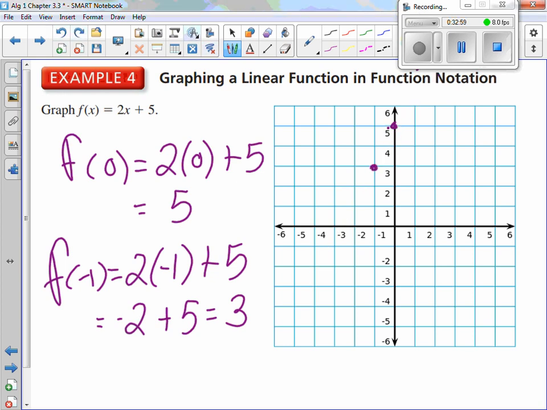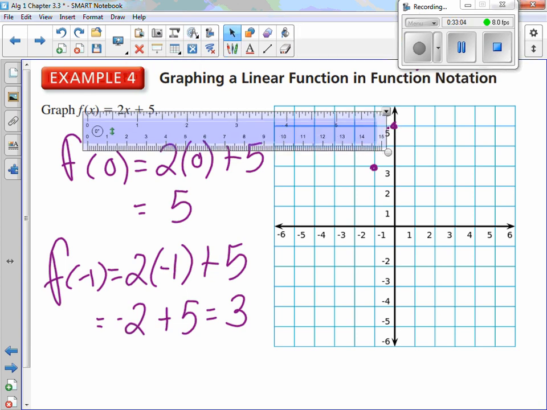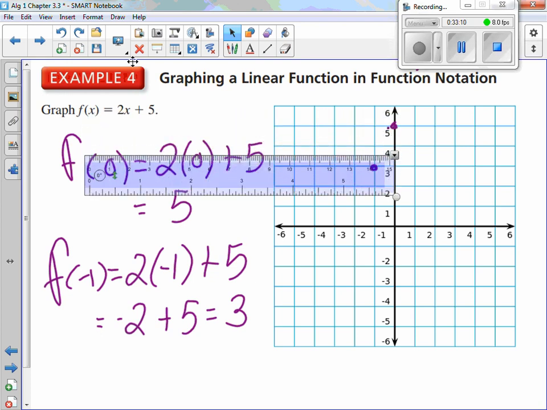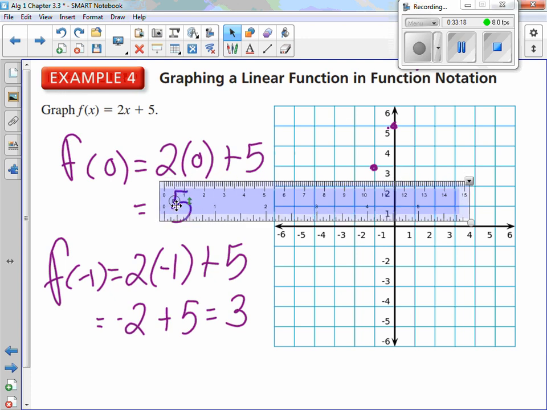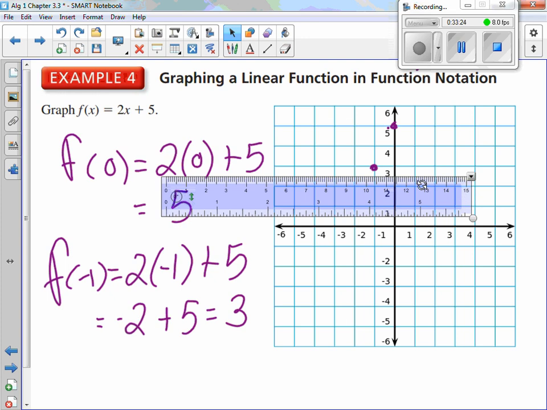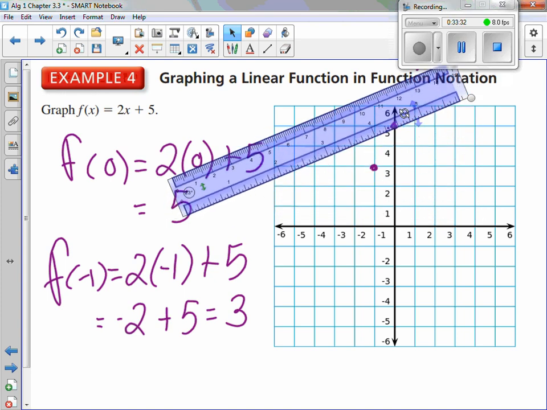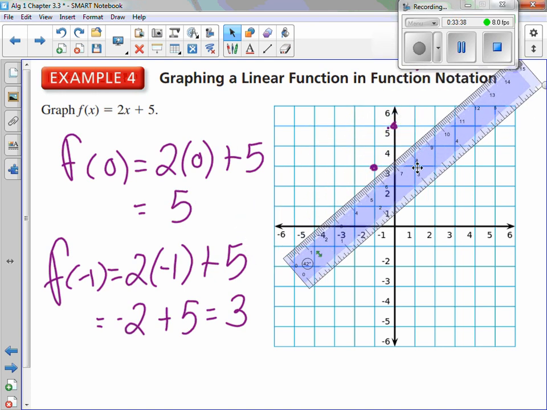Let's go forward. Let me actually get a ruler. Let's see how well I can operate this thing. Come on. Because what we'd want to do is bring it over here. Okay, it's not going to let me do it. Oh, there we go. So I can bring it over here and try to straighten that up along those points.